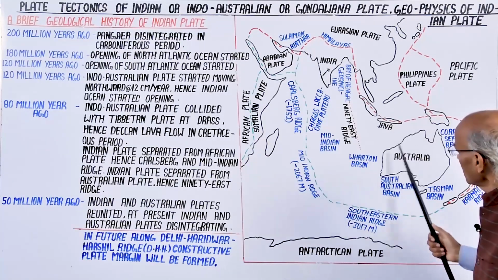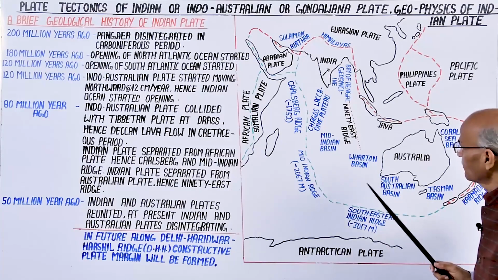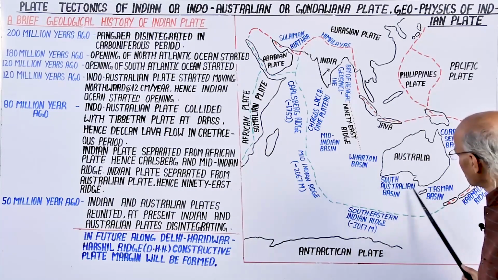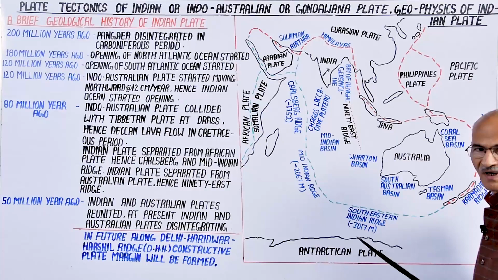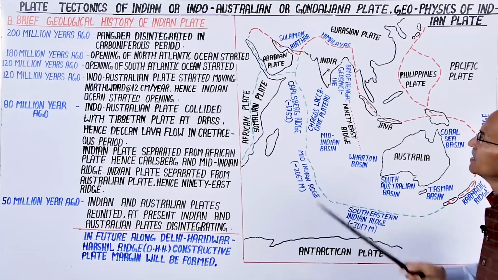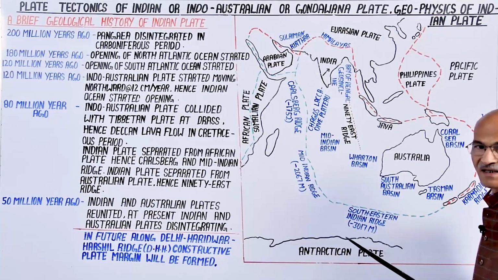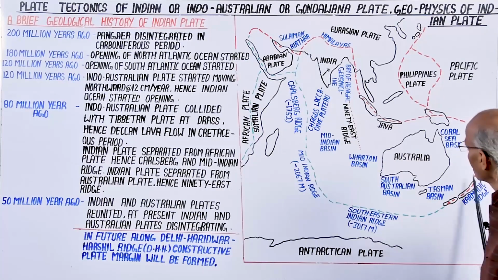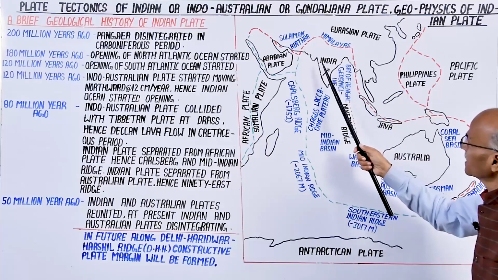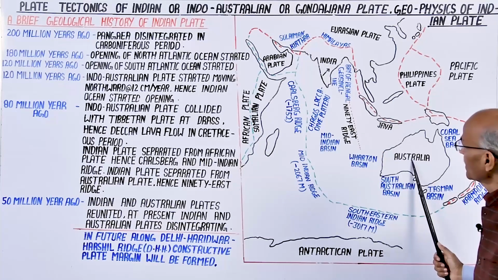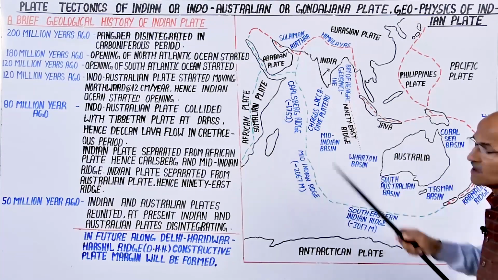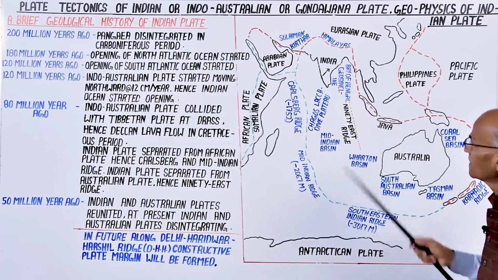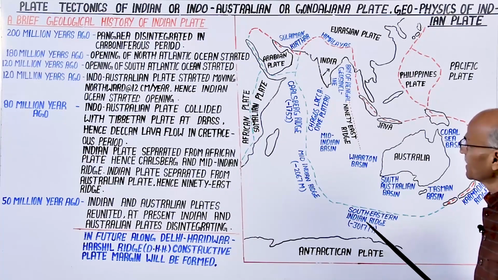Here one very important point is whether this Australia is an independent plate or not. In the beginning we have already discussed that this area includes the Indian and Australian plates, which were collectively called the Indo-Australian plate.